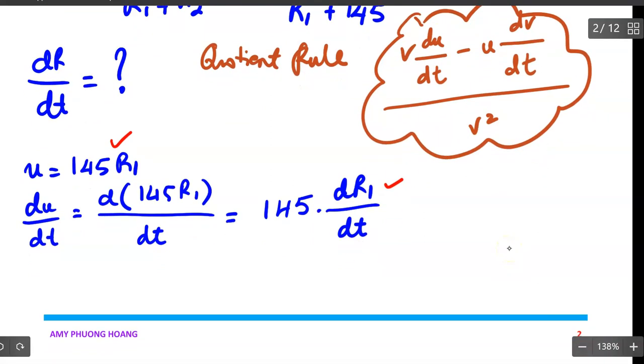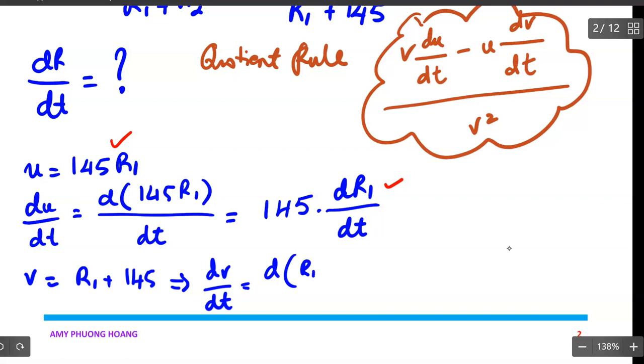So what is v? v is equal to the denominator, so R1 plus 145. Now I will have my dv as a function of time equal to the d of R1 plus 145 as a function of time as well.